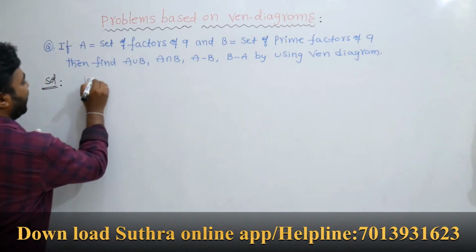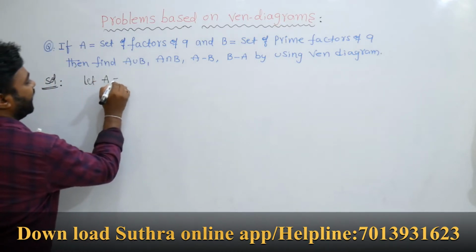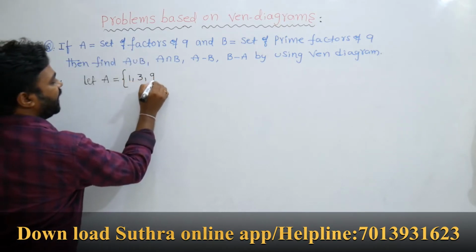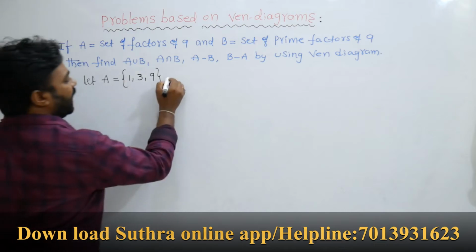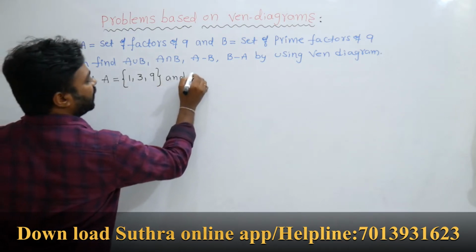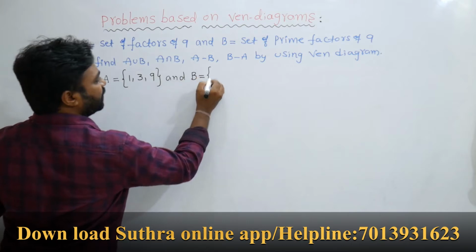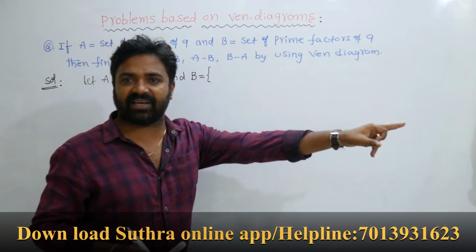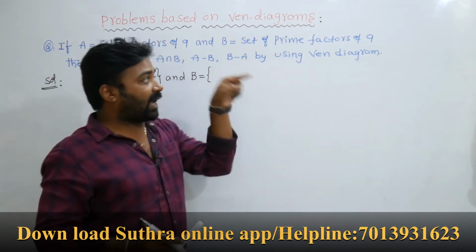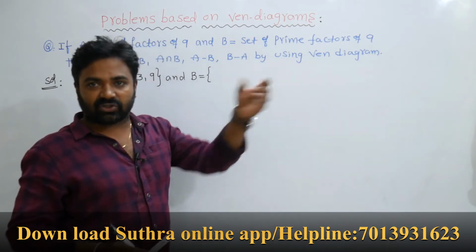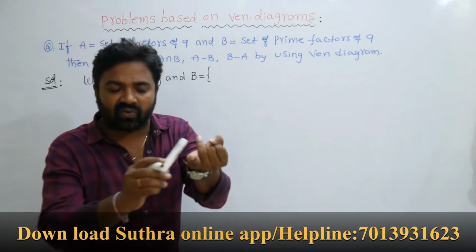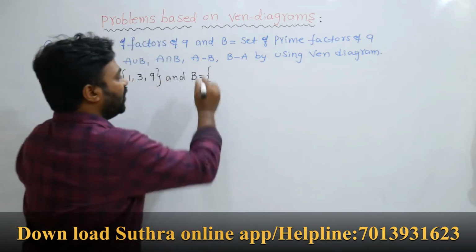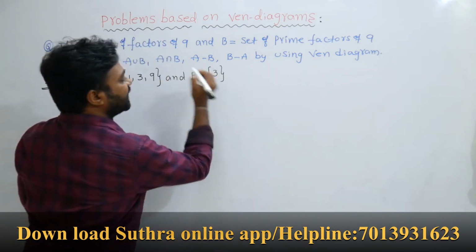Now let A equal to the set of 1, 3, 9, and B equal to the set of prime factors of 9. Which is a prime number and also a factor of 9? The factors of 9 are 1, 3, 9. In that, the prime number is 3. So B set is 3.